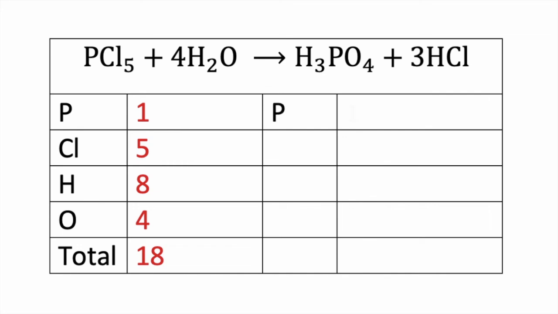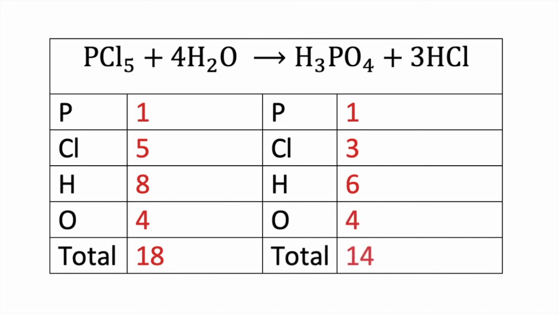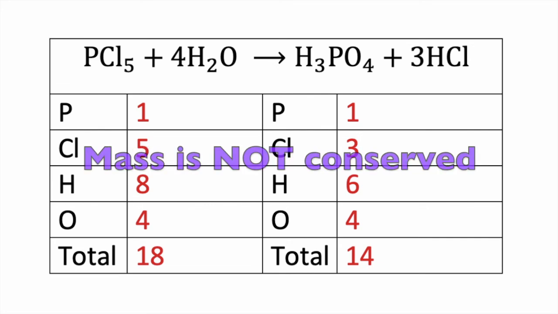On the product side, we have 1 phosphorus, 3 chlorines, 6 hydrogens, 4 oxygens, and that gives us a total of 14 atoms on the product side. The reactant side has 2 more chlorines and 2 more hydrogens than the product side does. This equation is not balanced because mass is not conserved.